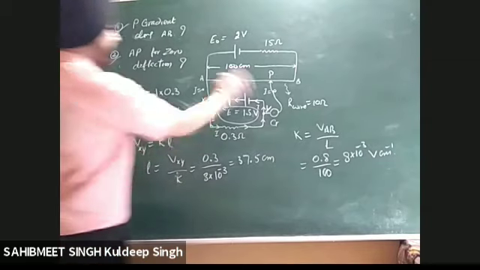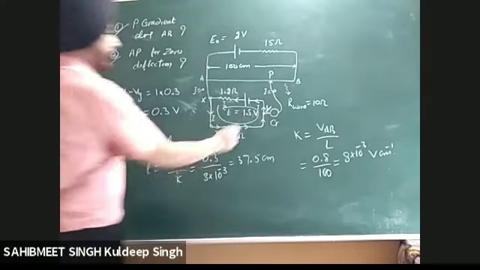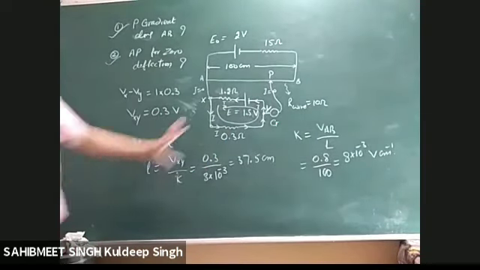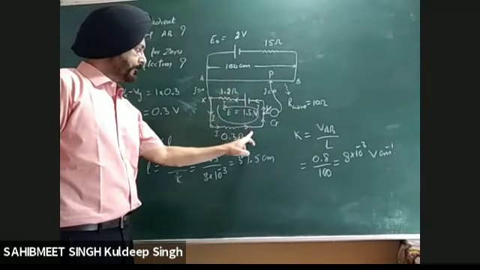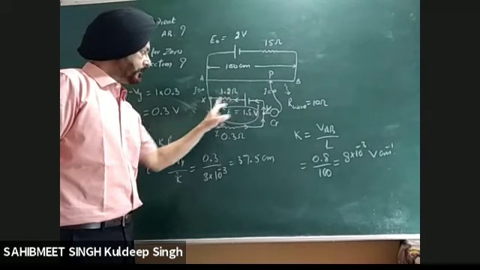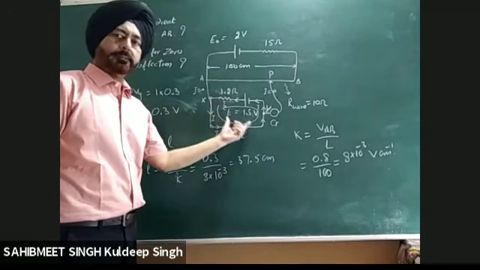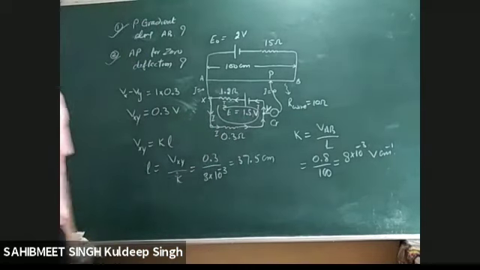So in this way, you have to do this numerical. The important point to remember is not the numerical, but this one. When you are given some extra circuit, at that time there will be some current. And because of this current, instead of the EMF of the cell, we will get the potential difference.